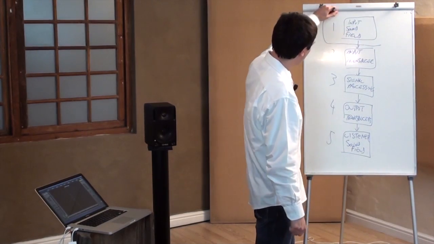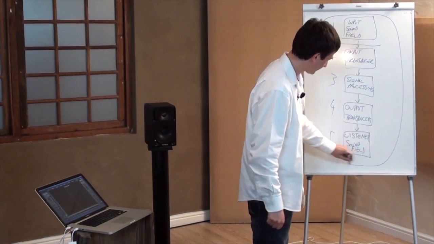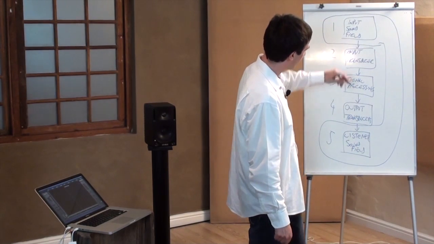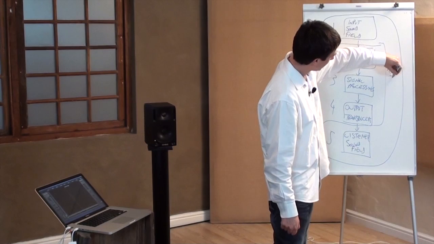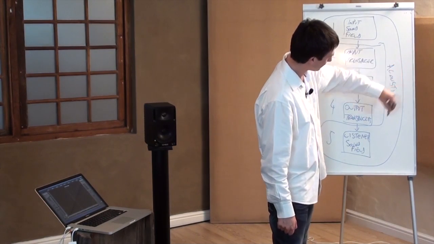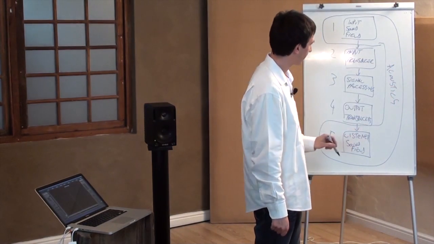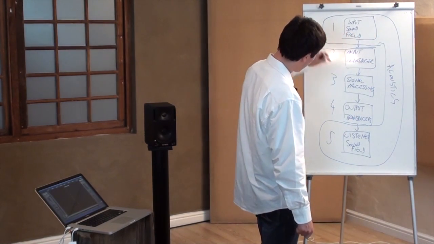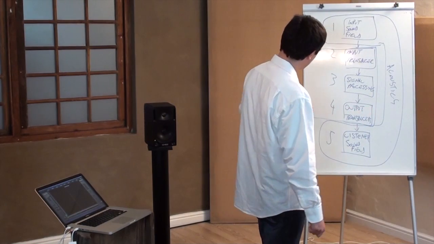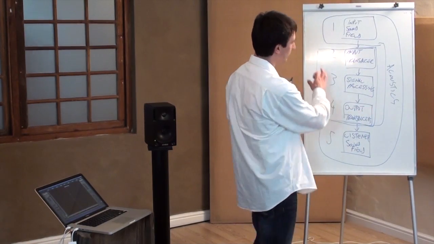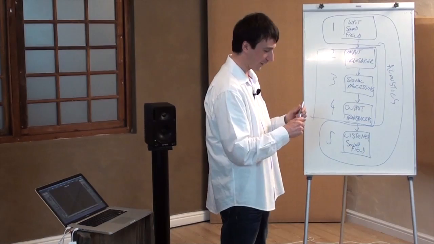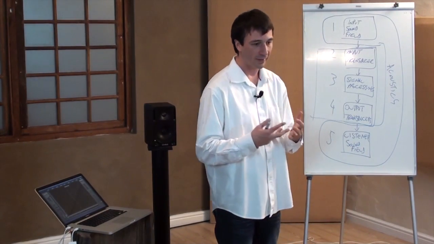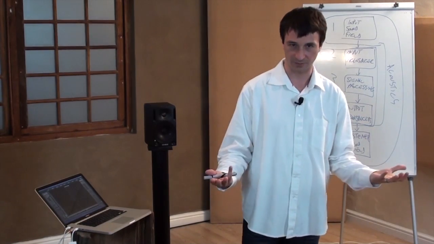Number 1, 2 of the 5, block number 1 and block number 5, are part of the acoustic domain, while blocks 2 to 4 belong to the electronic domain. So if you look at, again, conceptually, blocks 2 to 4 create or give life to what we call a sound system.